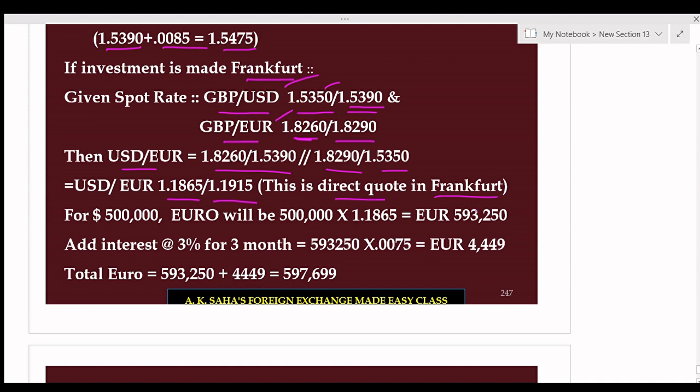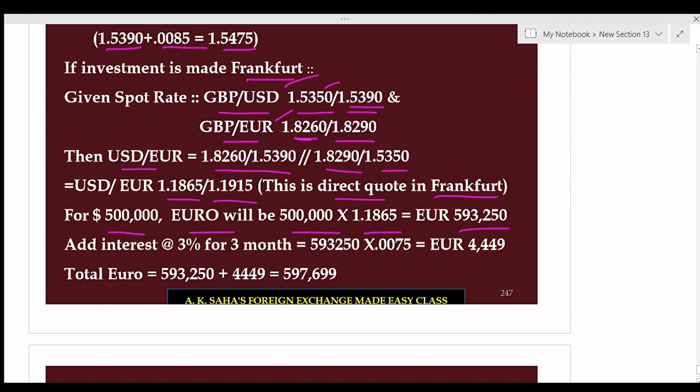So for dollar 5 lakhs, to convert to euro, 5 lakh dollar multiplied by 1.1865, that is the bid price, is equal to euro 5,93,250.